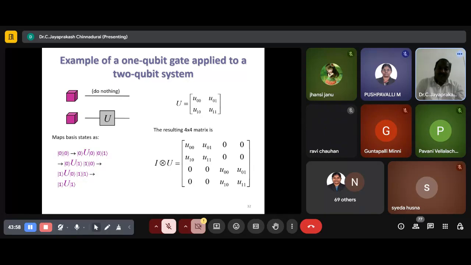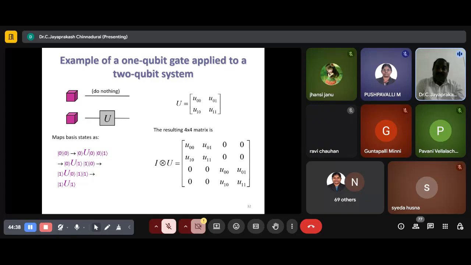First, take the 1 qubit state ket 0 ket 0, which maps to ket 0 u of ket 0. The next output is ket 0 u of ket 1, then ket 1 u of ket 0, and the last one ket 1 u of ket 1. Like that the values will be changed; it maps the basis states.